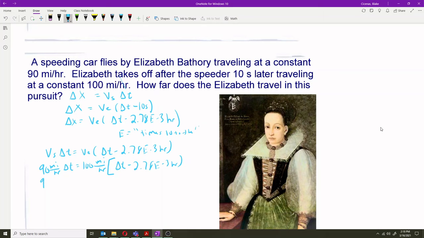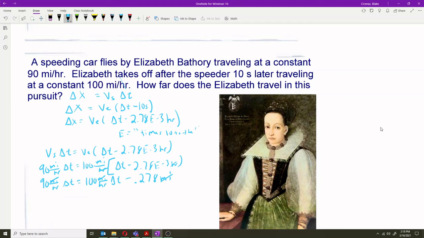Distributing: 90 miles an hour delta t equals 100 miles an hour delta t minus 0.278. And notice when I do hours times hours, they'll end up canceling right here, and that's just going to give me it in miles. So I'll say 0.278 miles.